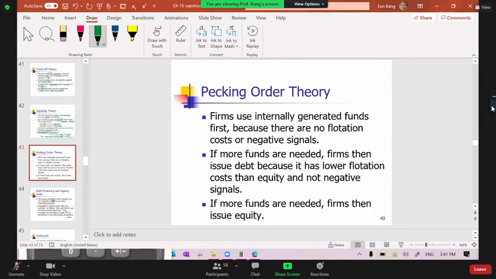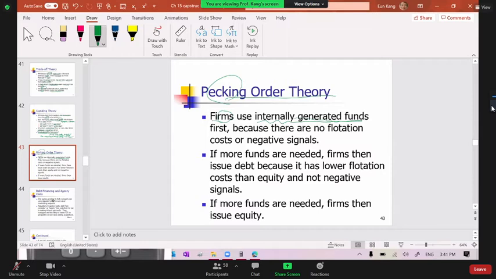Next one is pecking order theory. Like the birds' pecking order, there is some kind of order when companies get funds. First, the company uses internally generated funds. What are internally generated funds?